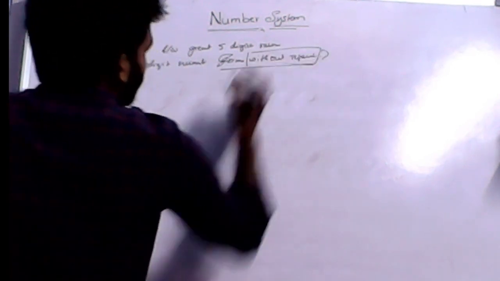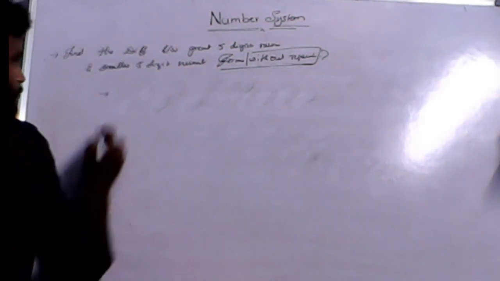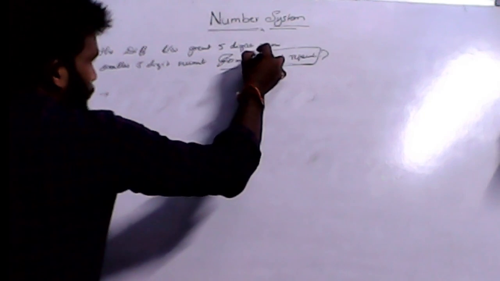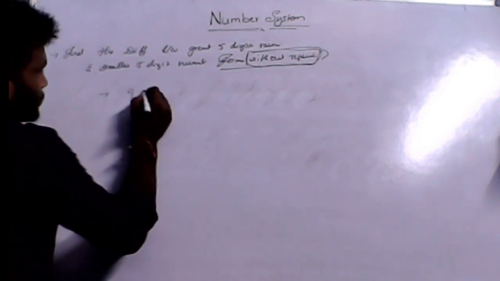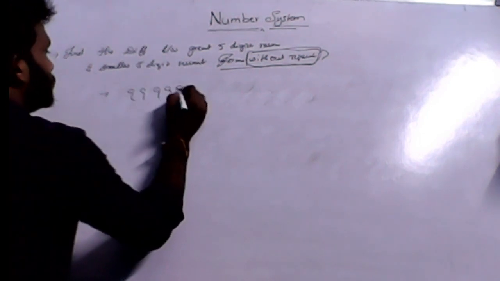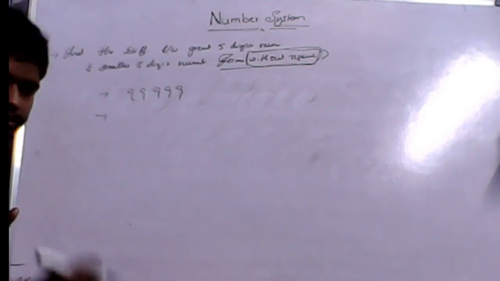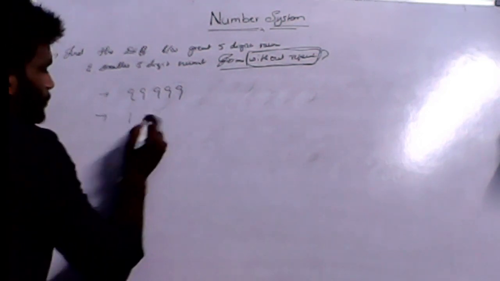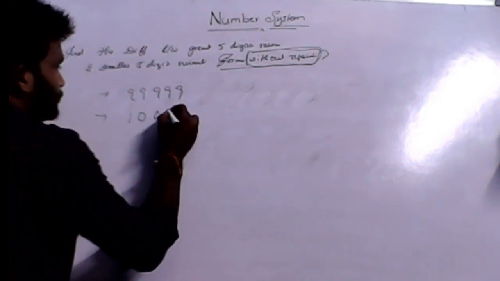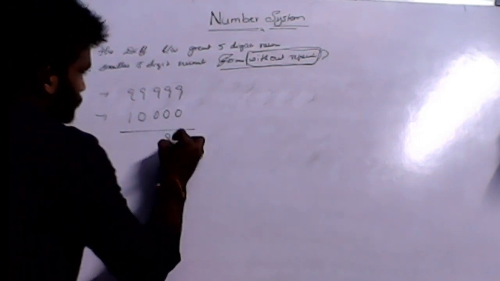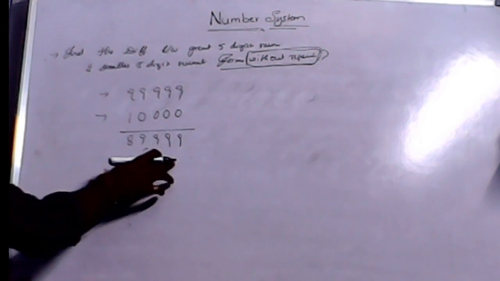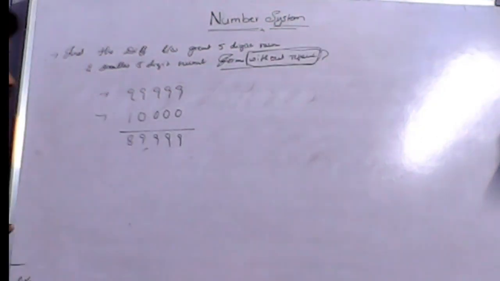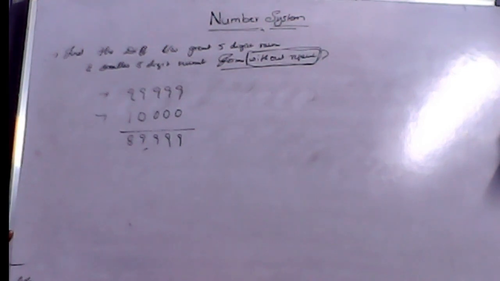By default, if we did not have the words without repetition, we would take the greatest 5-digit number using five nines, right? And for the smallest 5-digit number, we place 1 and then 5 minus 1 zeros. This would be the answer if we did not have without repetition in the question. But we got the condition without repetition.